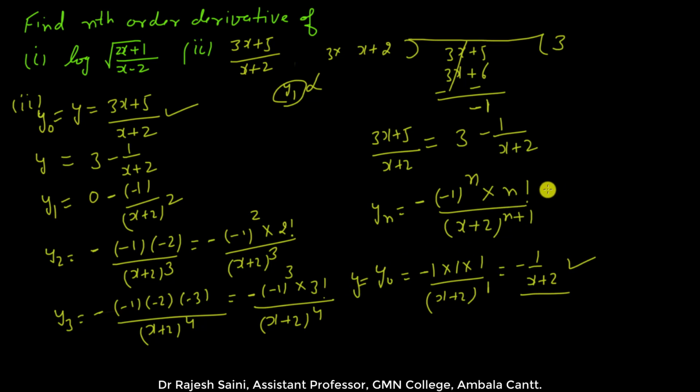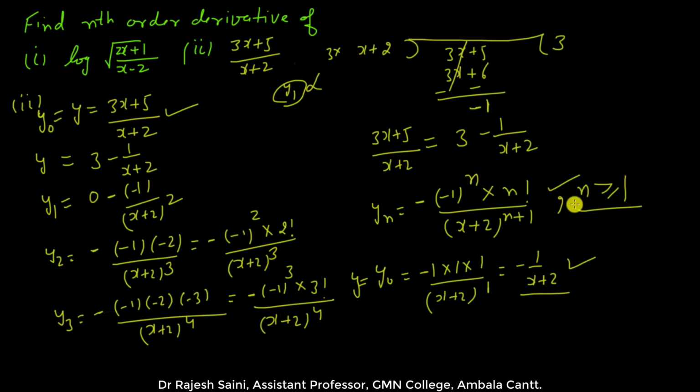So this generalized result is true for n equals 1, n equals 2, n equals 3. So now I need to mention over here that n is greater than or equal to 1. You will mention it because the result is not holding for n equals 0.